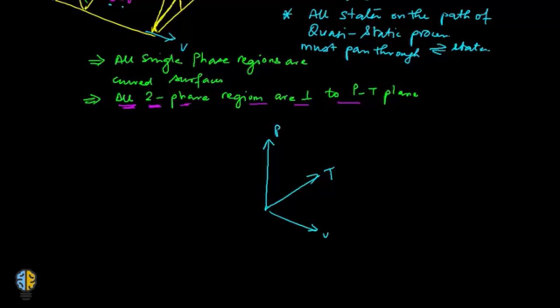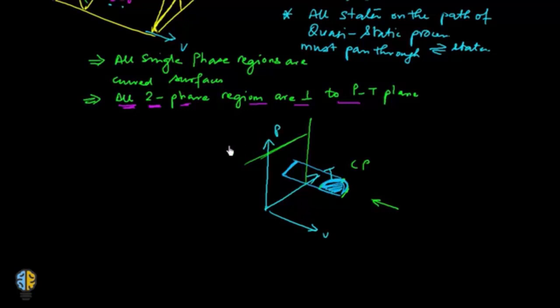Say you have this little dome over here, and this is the critical point. When you project this dome onto the pressure temperature plane, the projection would be nothing but a single line. So all the two-phase regions are surfaces perpendicular to the PT plane. I hope you understood the second point.